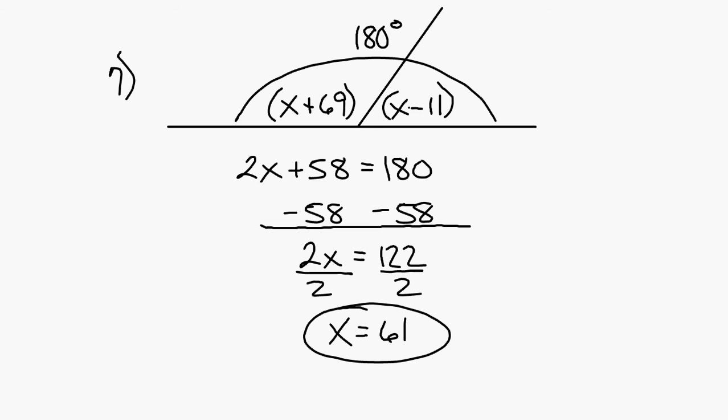So up here you got 61 plus 69. This angle is 130. Your x plus 69 was your angle 2. So the measure of angle 2 is equal to 130. The measure of angle 1 equals 61 minus 11, which is 50.